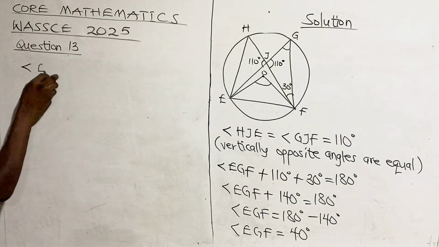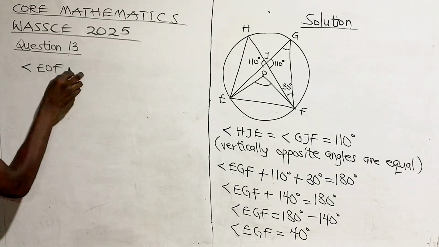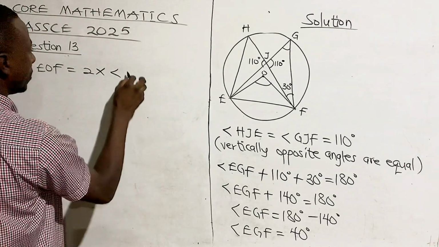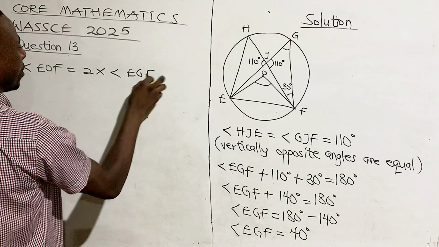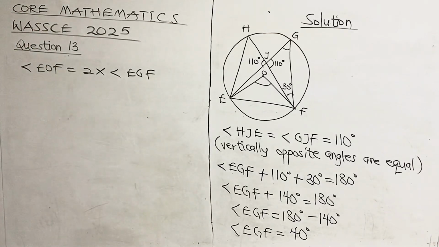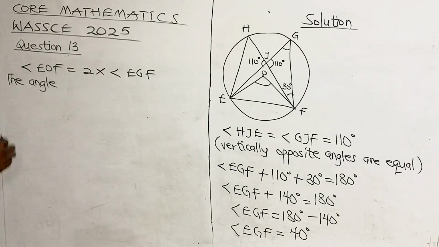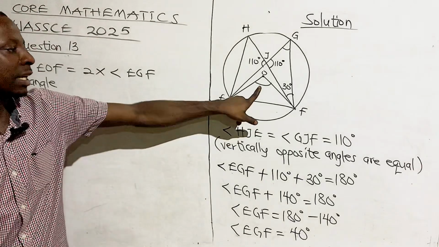So angle EOF is 2 times angle EJF. And the reason is the angle, so the angle that I'm talking about is this angle.